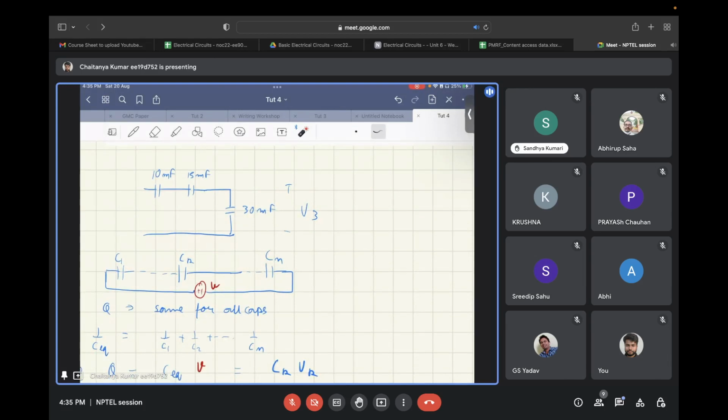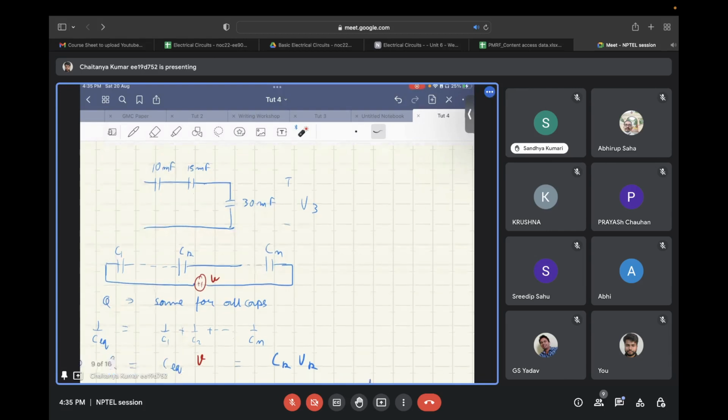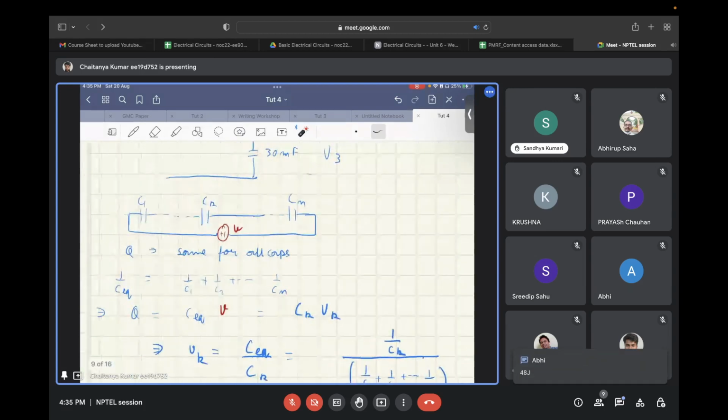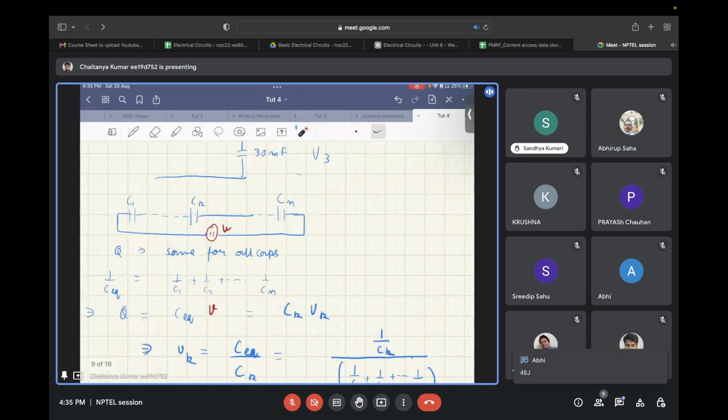So if we have multiple capacitors in series, how do we find the voltage across one of the capacitors? For this, what you should consider is that the charge stored in each of the capacitors in a series combination is the same. And you know that in series, the equivalent capacitance is the summation of the reciprocals of all the capacitances.